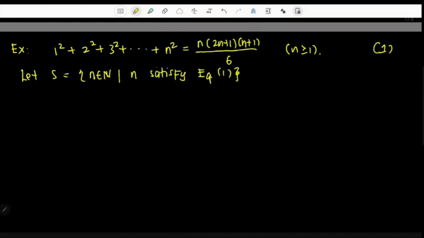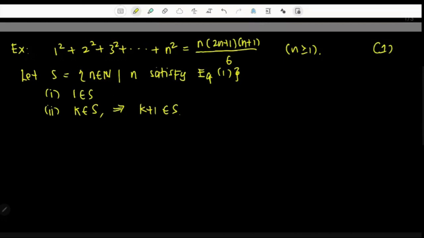Now, in order to show that the formula holds using induction, we need to show two things. First, that 1 is in S. And second, if k is an integer that satisfies the equation, then we must show that k plus 1 also satisfies the equation.